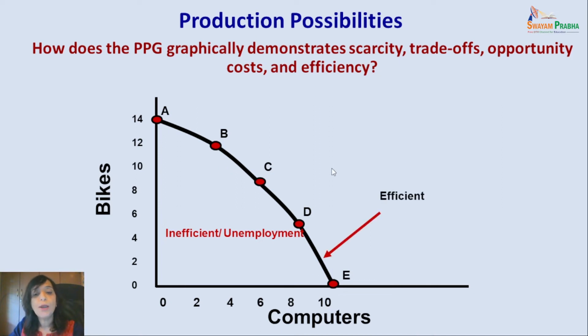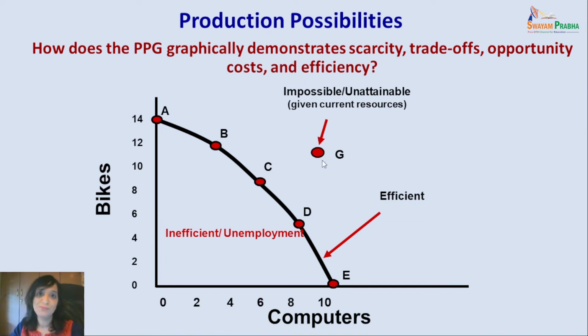Whereas a point which is lying outside, for example, this point G, which is beyond your production possibility, shows that this is something which is impossible or unattainable right now. It may be desirable that we produce more of both, but with the given resources, we are unable to produce both.